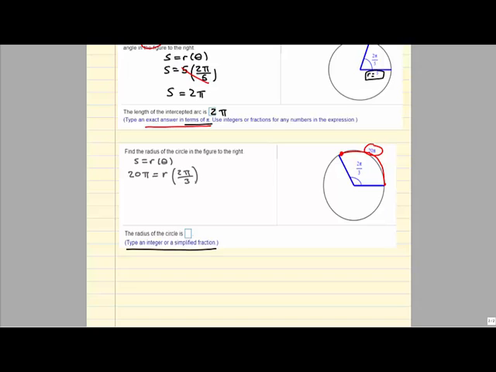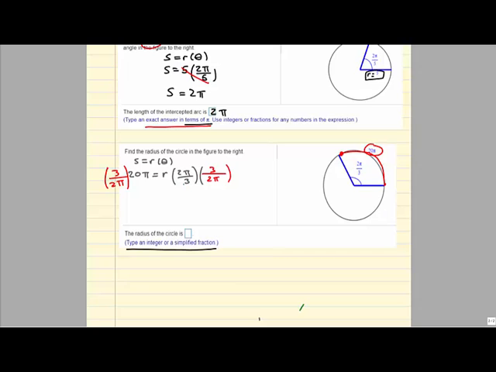Now what we need to do here is recall some algebra. To solve for r, that's what I want to solve for here, I need to multiply by the reciprocal of 2 pi over 3 because I want it to cancel. So if I multiply both sides by the 3 over 2 pi, I might get some stuff to cancel here.